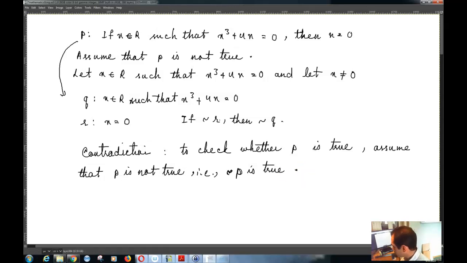Now, when we want to prove that P is true, we basically had two different methods to prove that P is true.